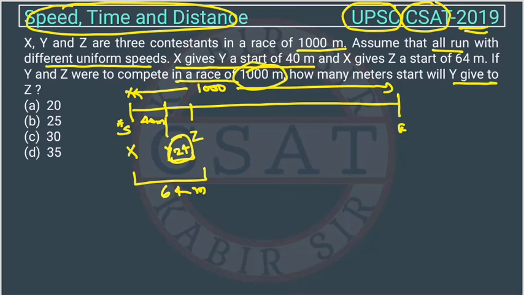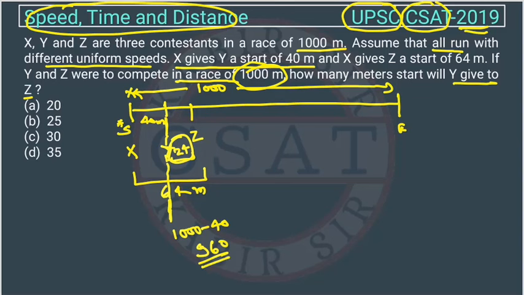If Y and Z were to compete in a race of 1000 meters, how many meters start will Y give to Z? The difference between Y and Z is 24 meters, and Y is standing here with a start of 40 meters. So how much distance is Y covering? Y is covering 1000 minus 40, so he is covering 960.